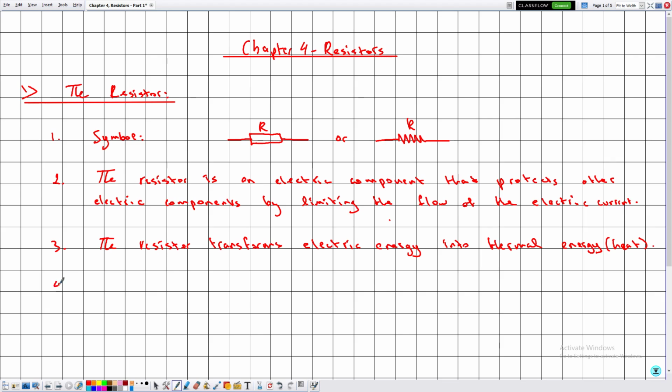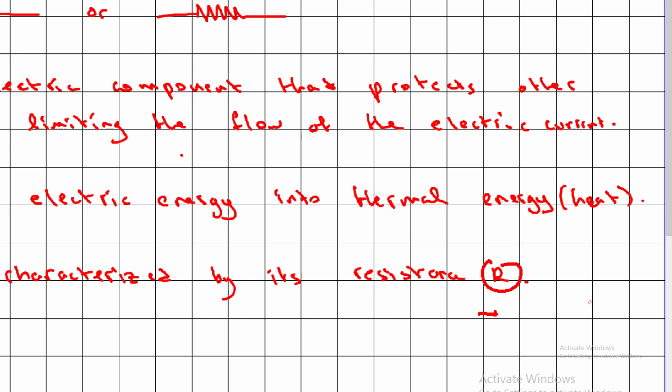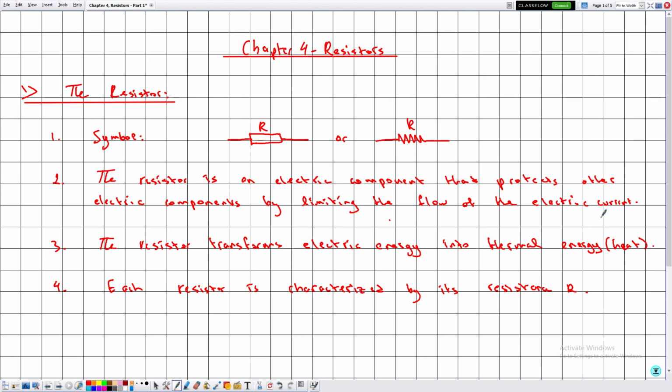And idea number 4 is that each resistor is characterized by its resistance R. Okay, and we know that the unit of R is given by ohms, as we shall see.